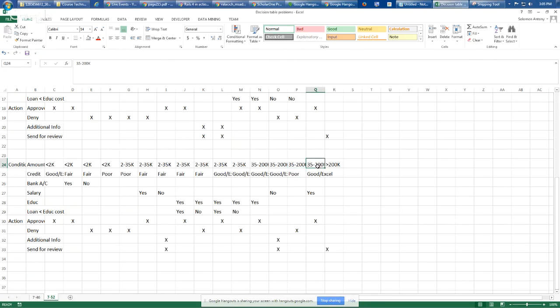Okay, 35 to 200. These two can be moved together. This way it will be easier to read, and that'll be the solution. All right, thank you.